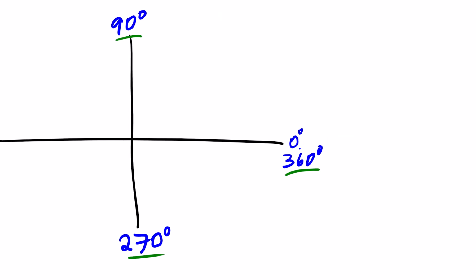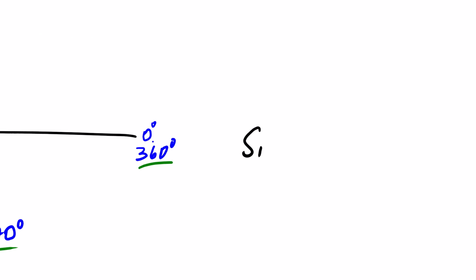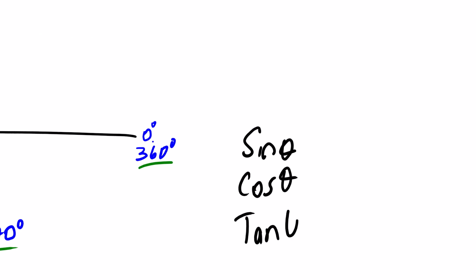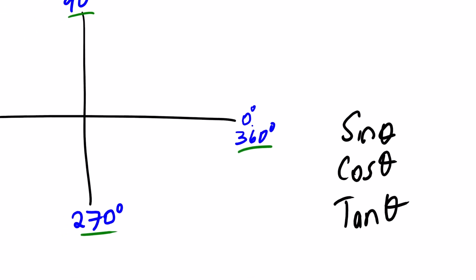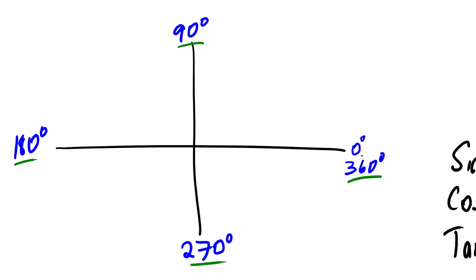Remember, in trigonometry we have sine, cos and tan. I'm going to talk about the first three common trig ratios. So in this diagram, we need to understand the quadrants in which these trig ratios are positive, and in which they are negative. We say this is quadrant number 1, this is quadrant number 2, 3 and 4.